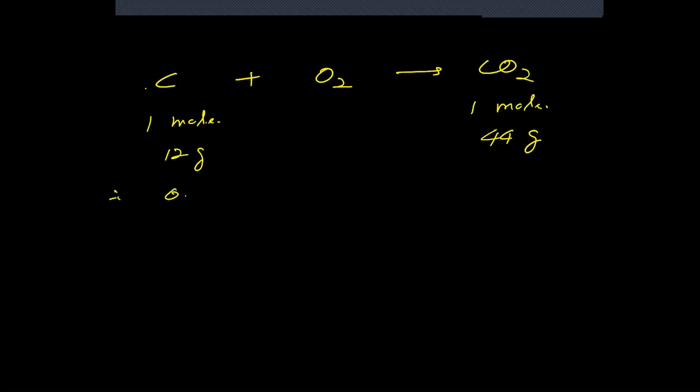Hence, 0.6 grams will give you how many grams? And then you need to convert those to the number of molecules. Okay, number of molecules. How can you convert that to number of molecules? To moles. Okay, rather keep it 1 mole. That will be simpler.